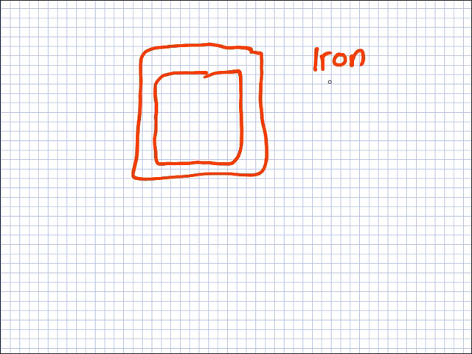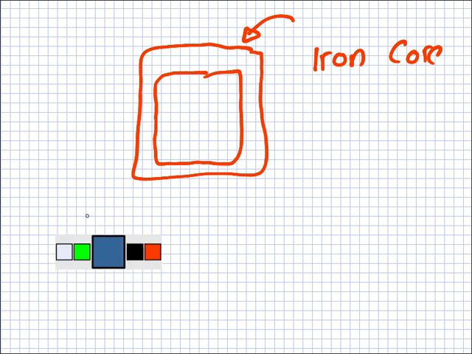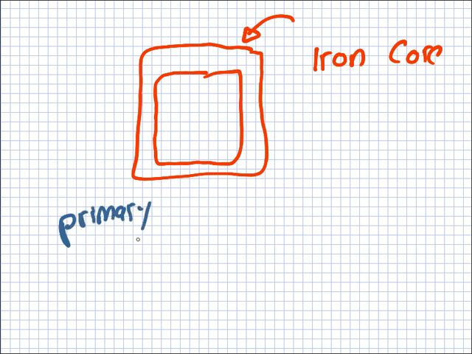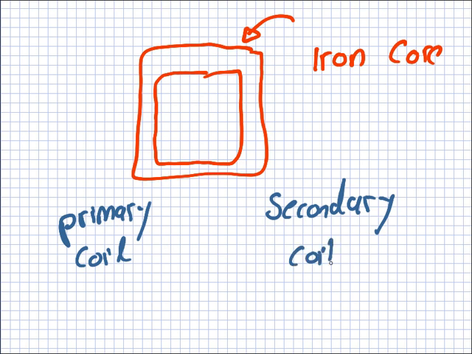You need what's called an iron core. That's this thing here. And then this side is called the primary, and this side is called the secondary. Primary coil, secondary coil.